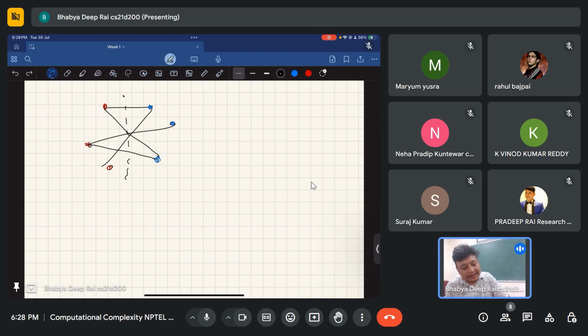Now what I want to do is define bipartite, which is the set of all bipartite graphs. I want to check whether a graph is bipartite or not.